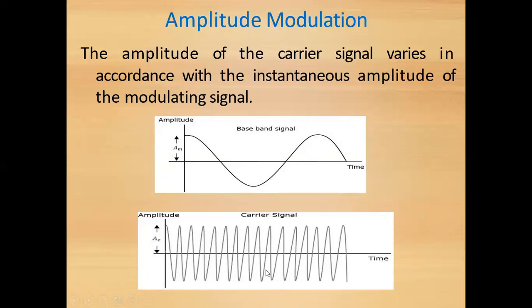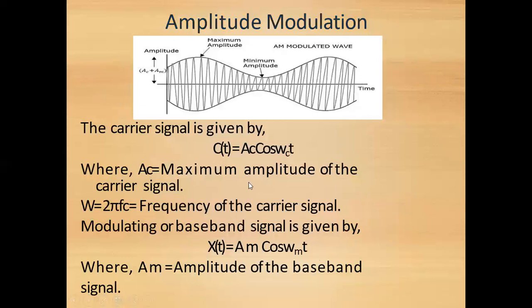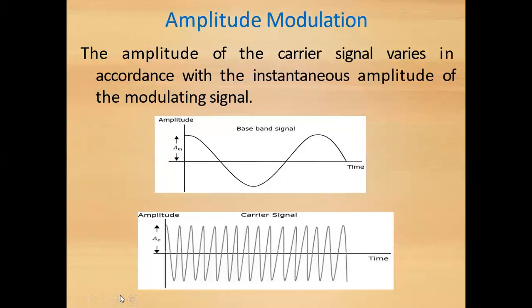This is the carrier signal. Now, coming to the amplitude modulation waveform. This is the amplitude modulation output waveform. If we observe the definition, this is the carrier signal. As we have seen, the same carrier signal is here. But what is the difference here? In the carrier the amplitude is constant, right?